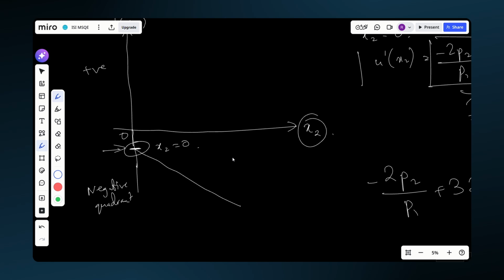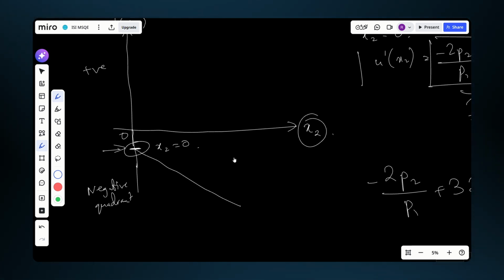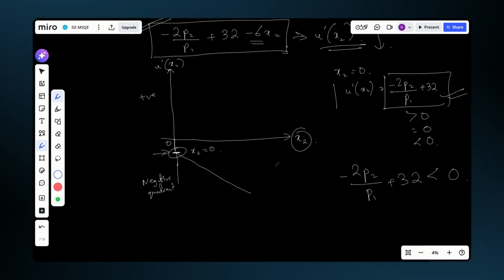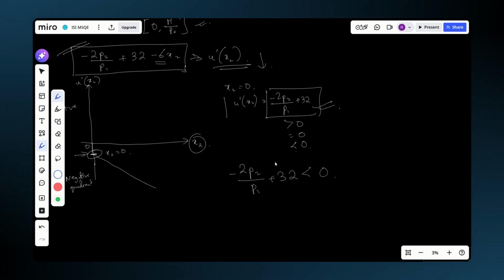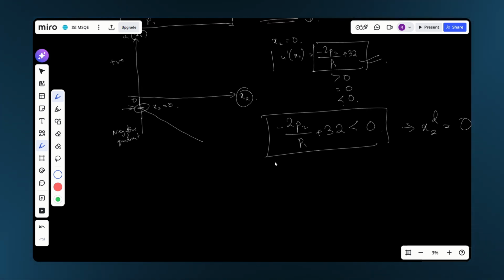Because if I increase x2, my utility is falling since u dash is negative. Okay, so it's better that I consume nothing of x2. So if this is the condition, then the demand for x2 will be 0.